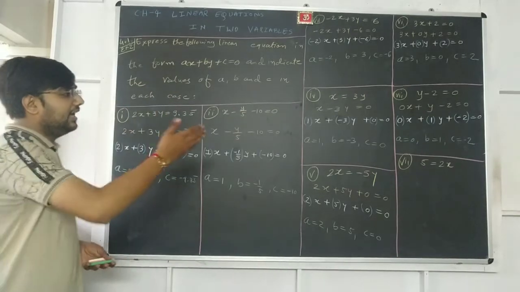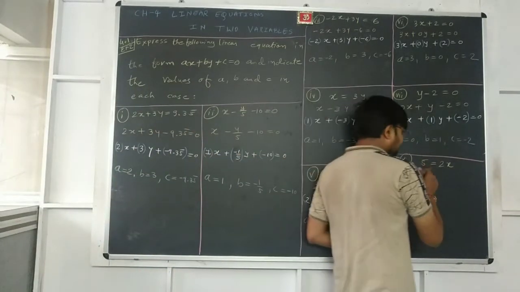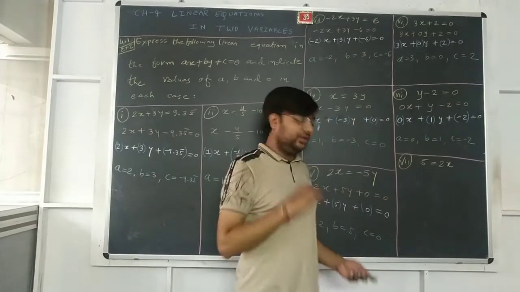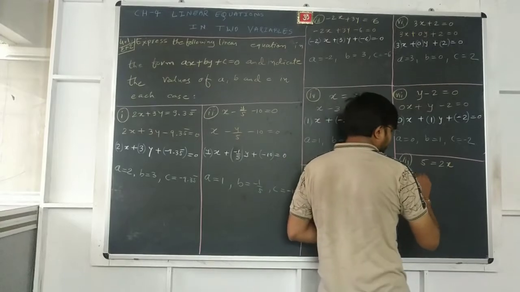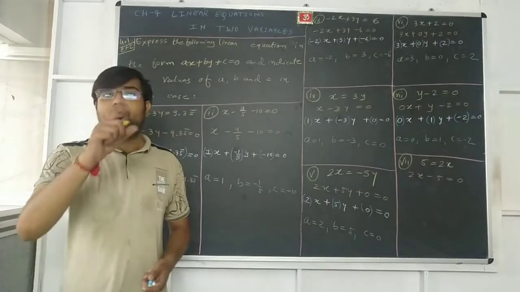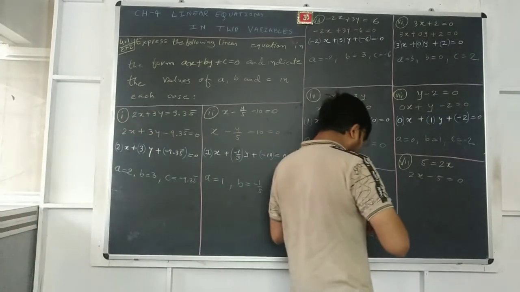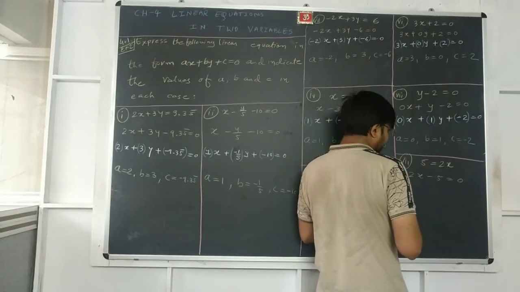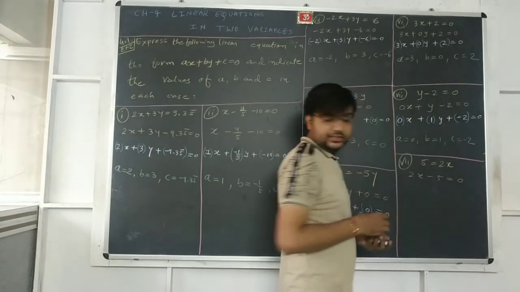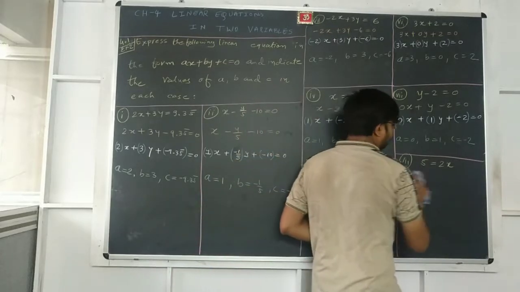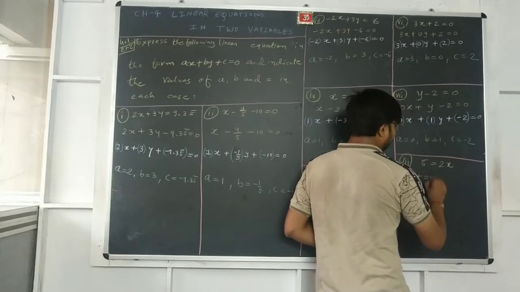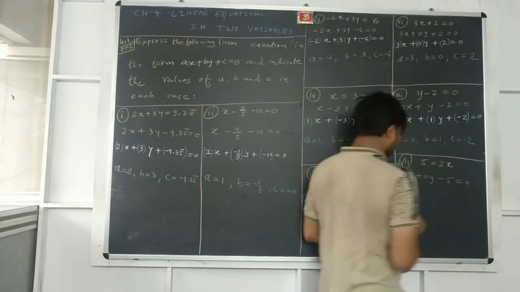Okay, now the last question, question 5. The left hand side goes to the right hand side, so plus 2 becomes negative. So here 2x minus 5 is equal to 0. The variable y is missing here, so we add 0y. We write 2x plus 0y minus 5 is equal to 0.